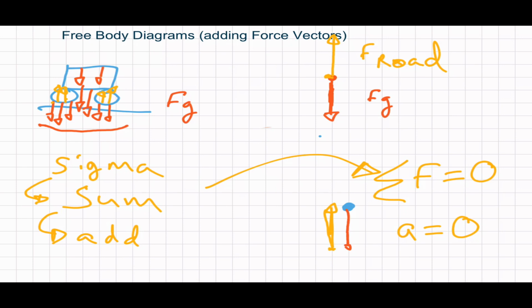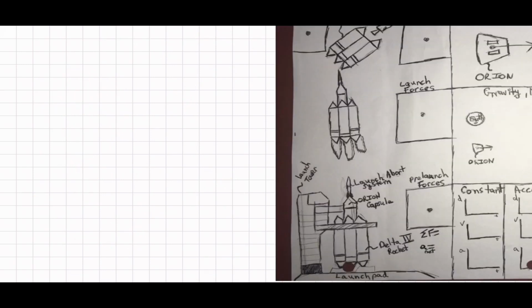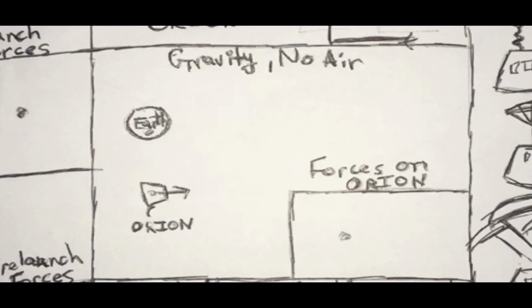Those cancel out, but then I can go tail to tip with the third vector, and my result is what? It's going that way, which is what we've already seen. Okay? So the sum of the forces equals the force of the push, which means we have an acceleration that is positive in the direction of push.